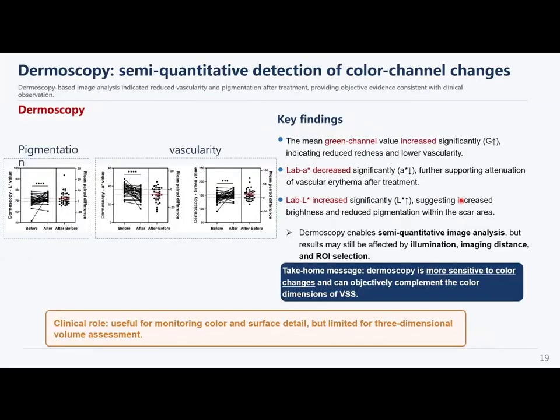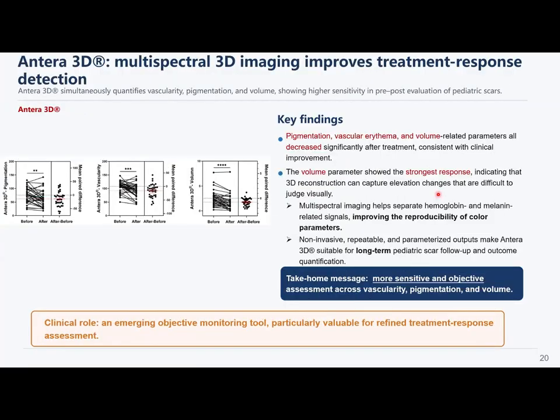From dermoscopy, we transfer the red to green to make it easier to calculate. So the green channel increased means that the volume decreased.